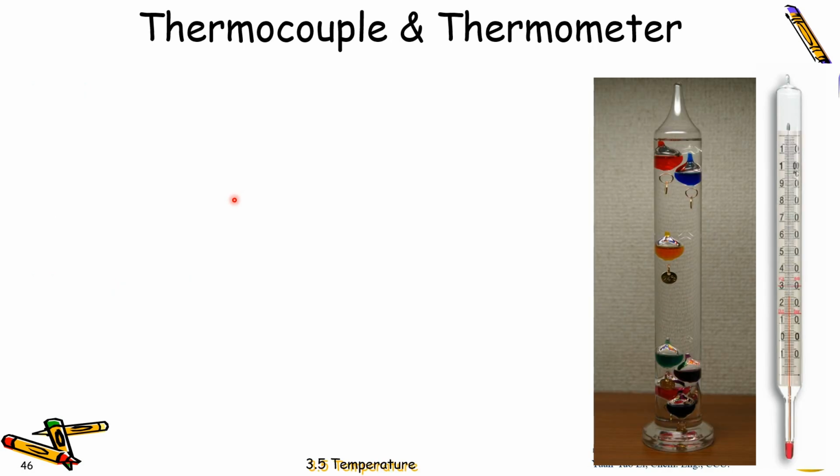What is a thermocouple? Before we talk about it, this is the Galileo thermometer. It is the same idea, but it contains different liquids. If you go to a toy shop, you can see this. Let me show you.